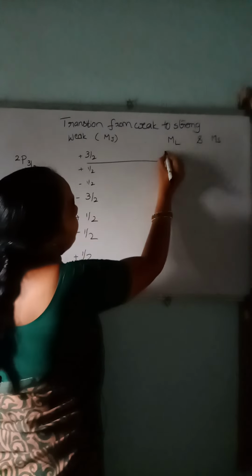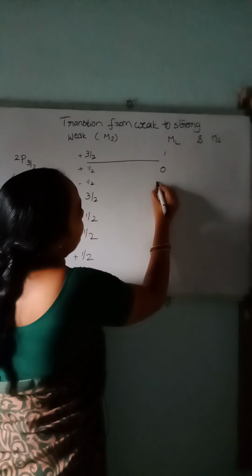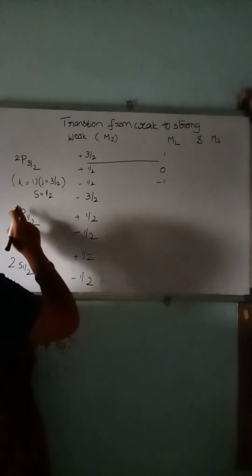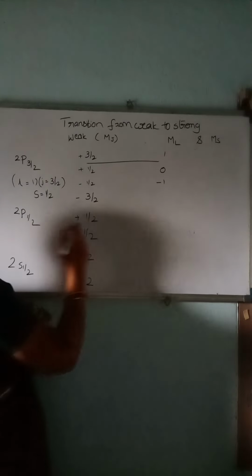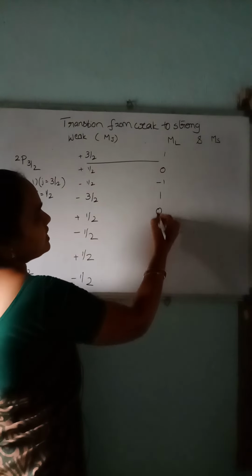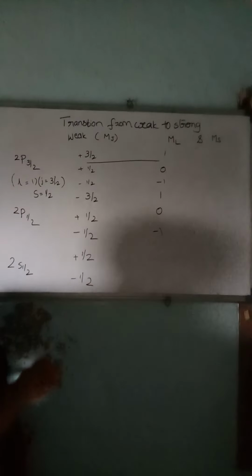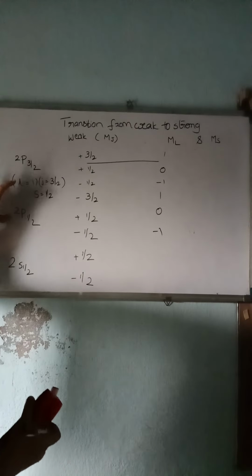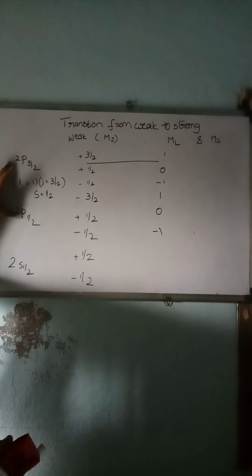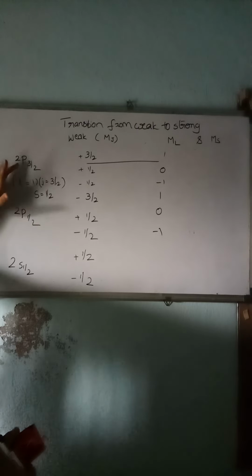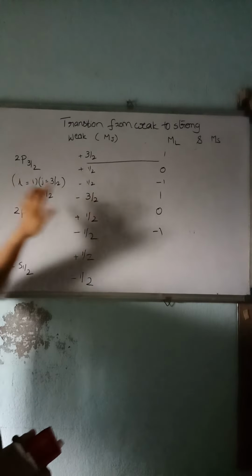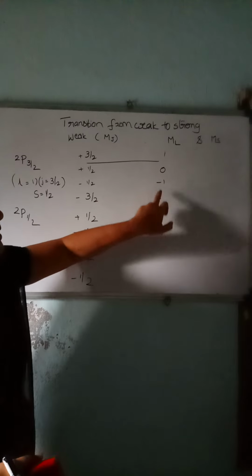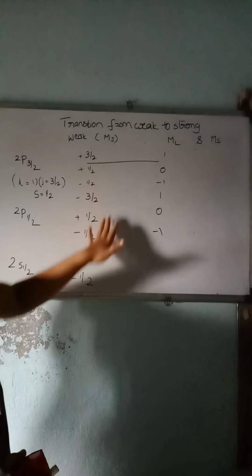So for L equal to 1, the possible Ml values are 1, 0, minus 1. And here it is also a p state, so the possible values are 1, 0, minus 1. These two are the same states, 2p1/2 and 2p3/2, the same state but different J value. So we should repeat this 1, 0, minus 1, 1, 0, minus 1 accordingly.